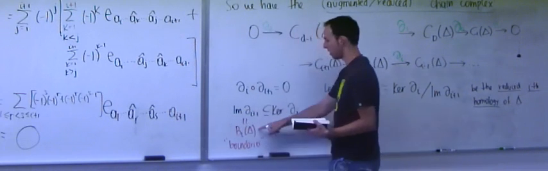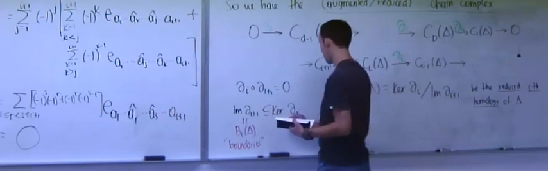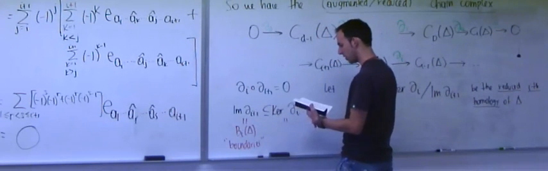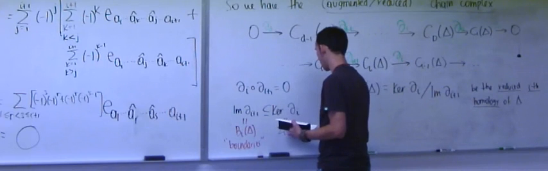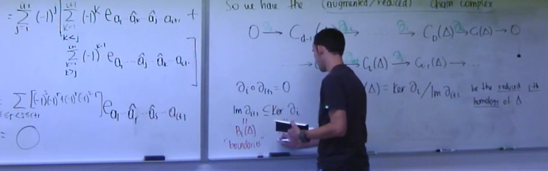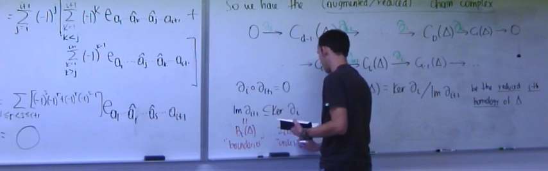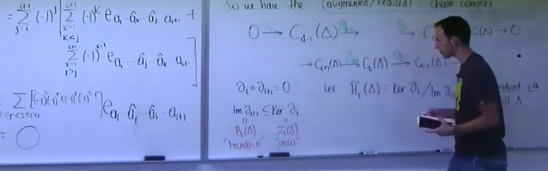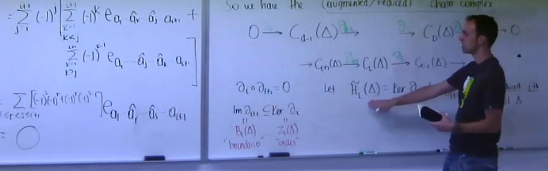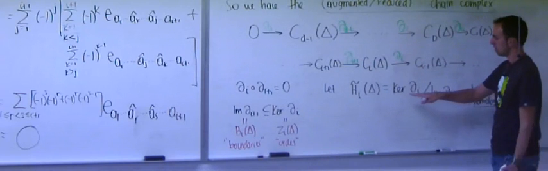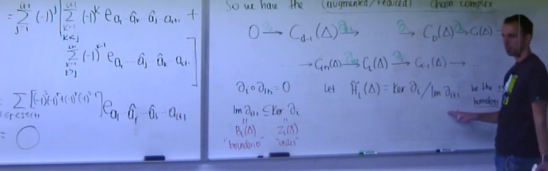The elements of Bi of delta are called boundaries, and this guy is called Zi of delta, and the elements are called the cycles. And so the homology is cycles mod boundaries.